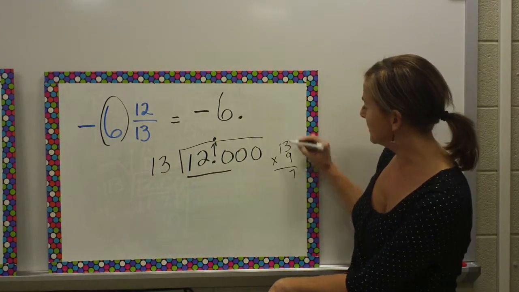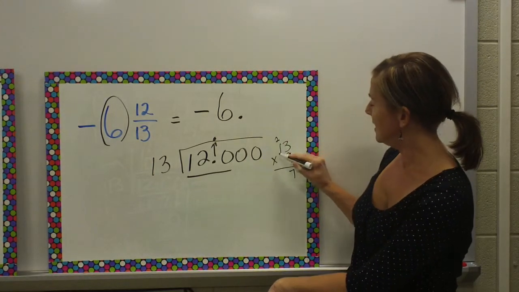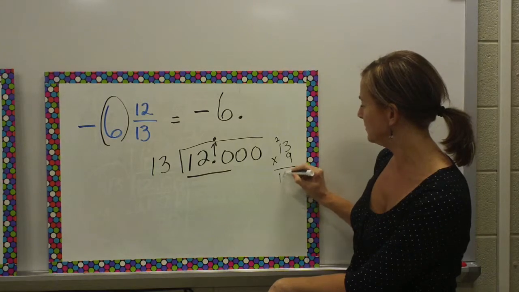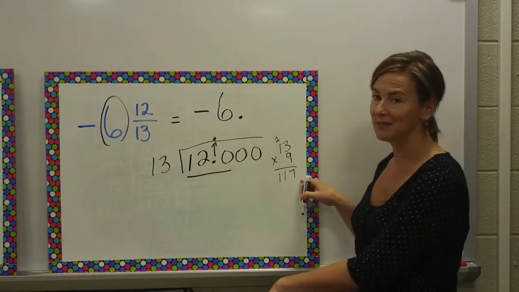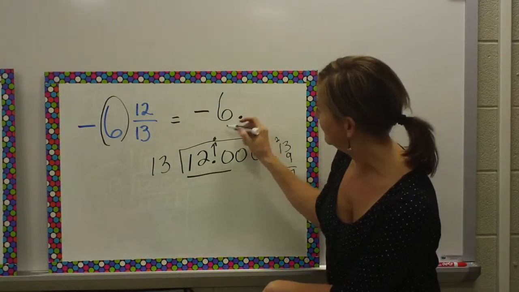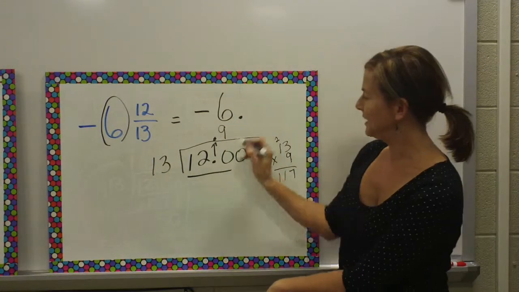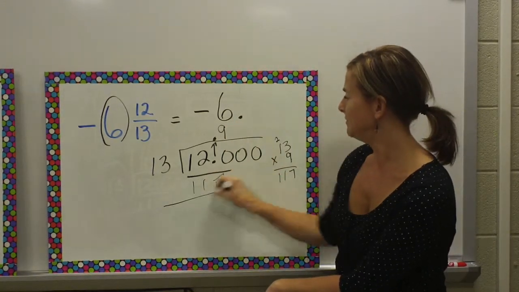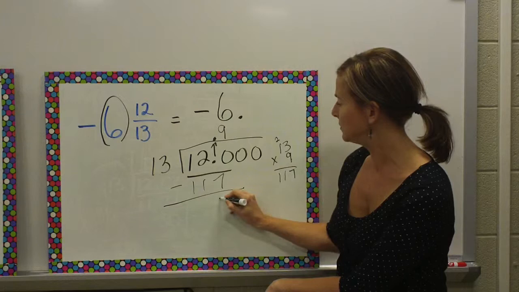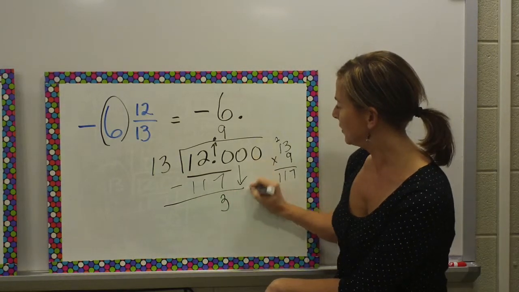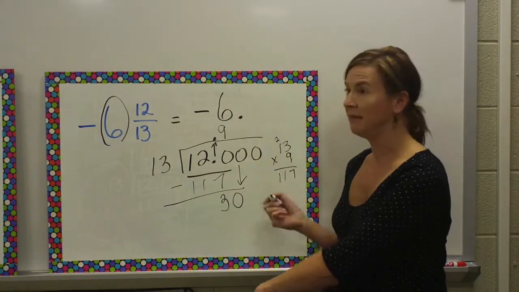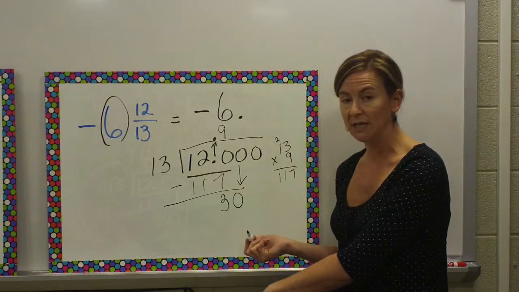3 times 9 is 27, carry the 2. 9 times 1 is 9, plus 2 is 11. 117, so there it is, 9. So I get 117. When I subtract, I'm left with 3. So I bring my 0 down, and then I think, how many 13s out of 30?